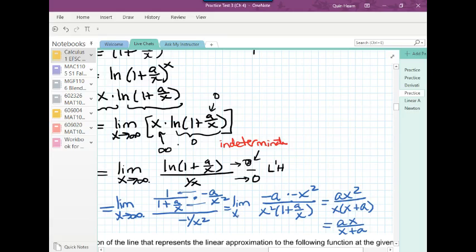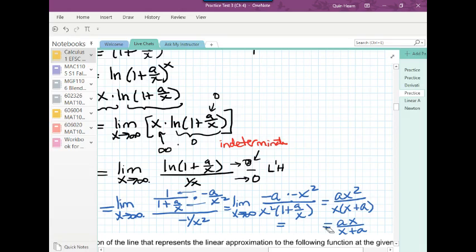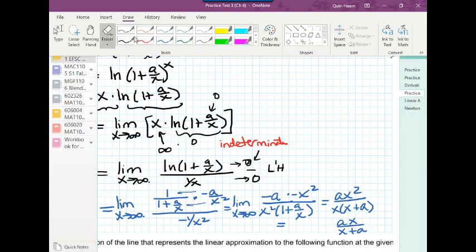Okay, so this is going to be equal to, let's see, in the numerator we can just multiply straight across, right? And then I can flip the other one up. So we're going to have negative a over x squared times 1 plus a over x. And then flipping the negative 1 over x squared up, it's going to be times negative x squared.